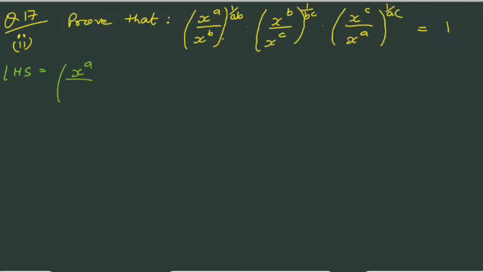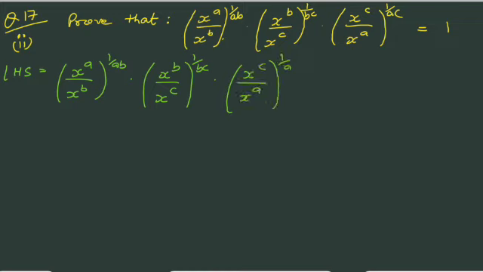X raised to a upon x raised to b whole raised to 1 upon ab, x raised to b upon x raised to c whole raised to 1 upon bc, x raised to c upon x raised to a whole raised to 1 upon ac. Now you can proceed in two different ways.